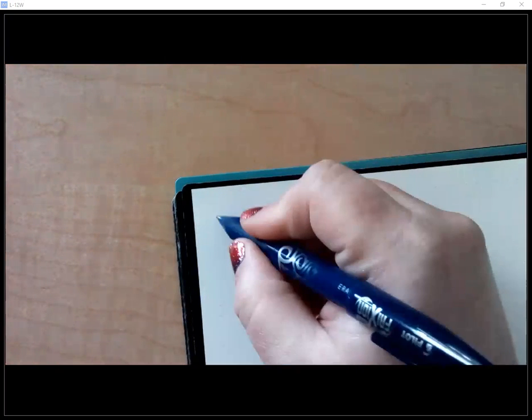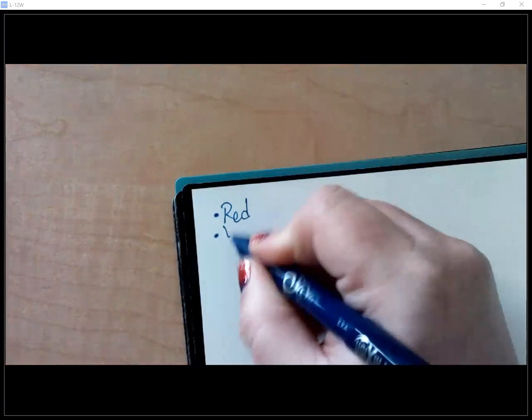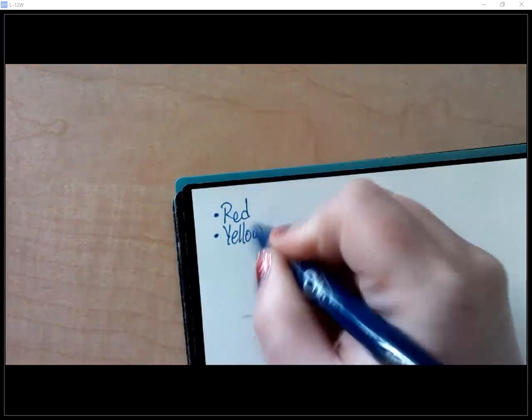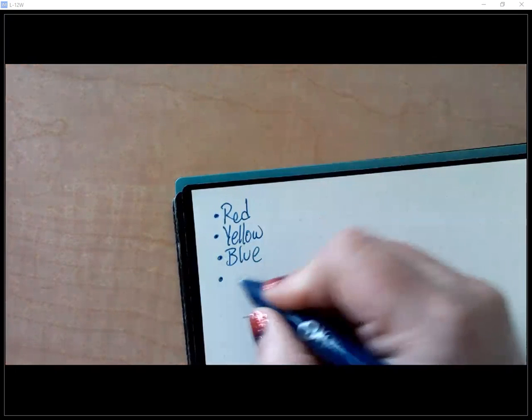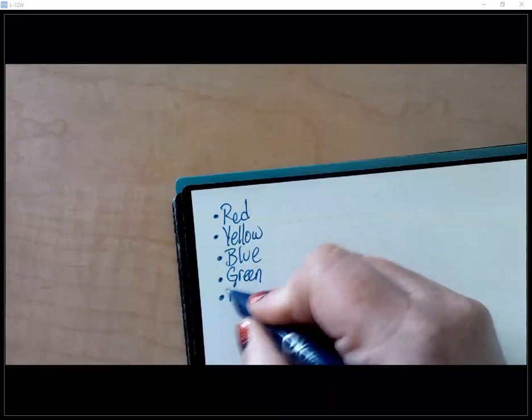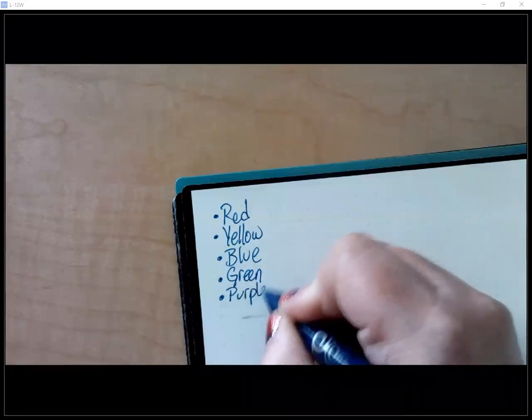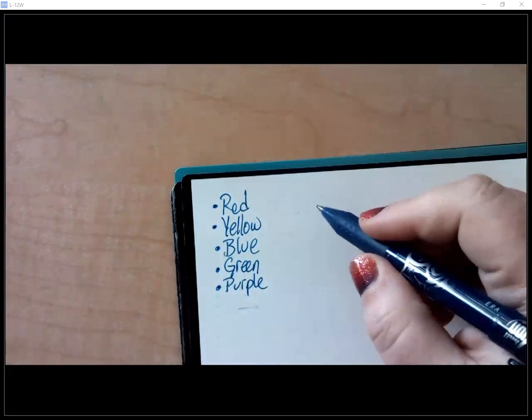I'm going to have you pick out of the following colors: red, yellow, blue, green, and purple. So if you have to pick one of these 5 colors, let's say I'm going to give you a pencil or something that's one of these 5 colors.